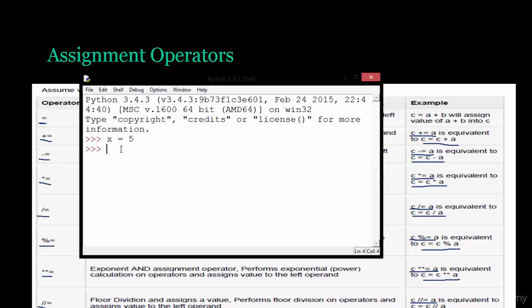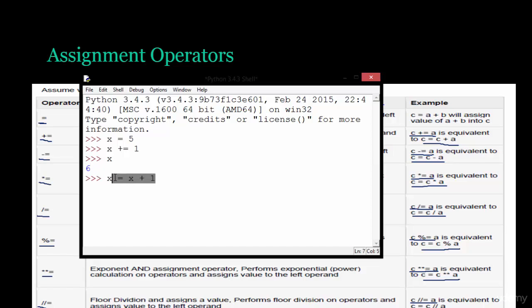Okay, if I set x plus equal 1 and print x, we get 6, because this is equivalent to x equals x plus 1. Here x equals 5, then the new x will be 5 plus 1, and this will be 6.